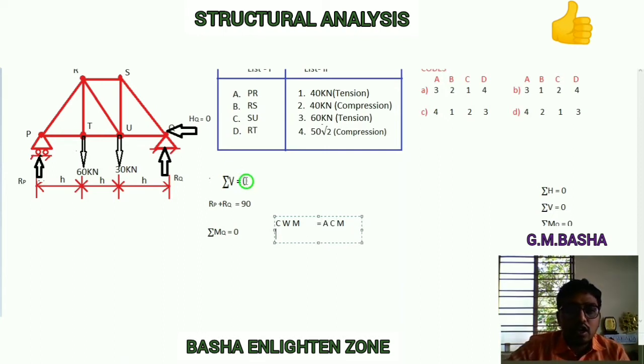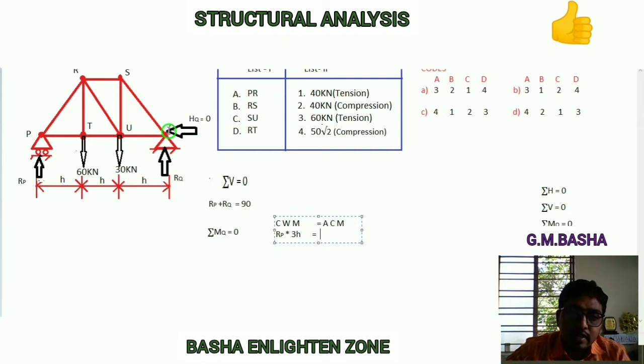See here, what are the clockwise moments acting in the span? RP into its distance, force into lever arm is the moment, which is acting clockwise about Q. So therefore RP into 3H. Then what are the anti-clockwise moments acting on the span? Here there will be RQ, but there will be no lever arm for this vertical reaction.